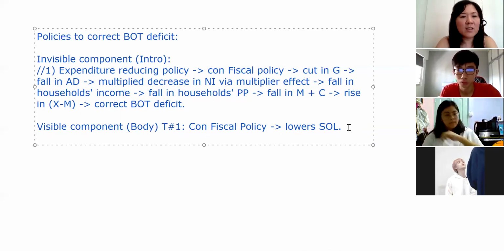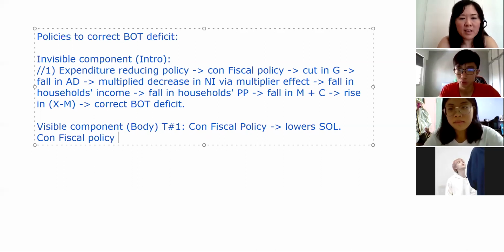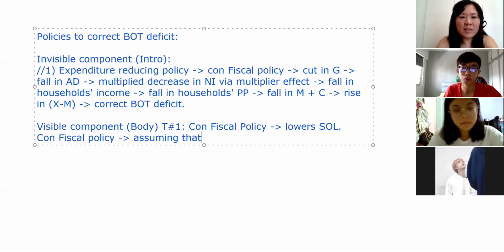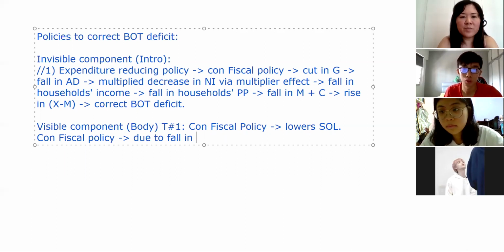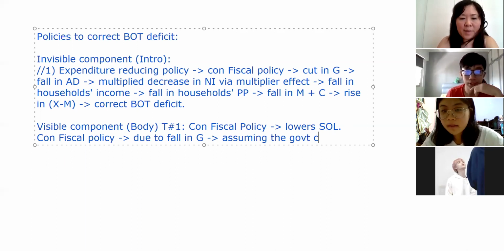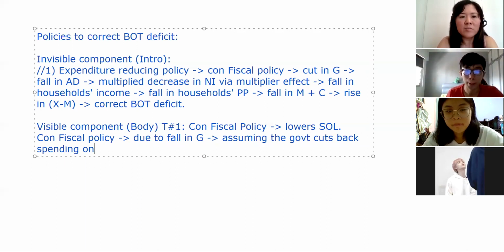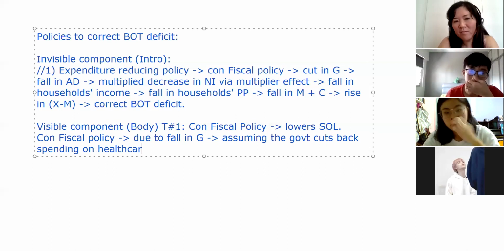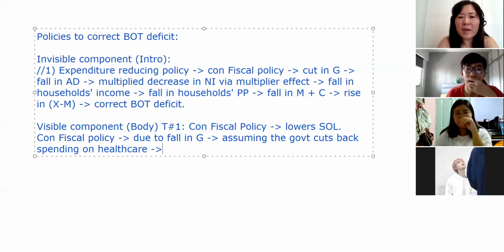I'll say contractionary fiscal policy, due to the fall in G, because here it's a cut in G. So assuming the government cuts back spending on healthcare, which is the easiest, what's going to happen?